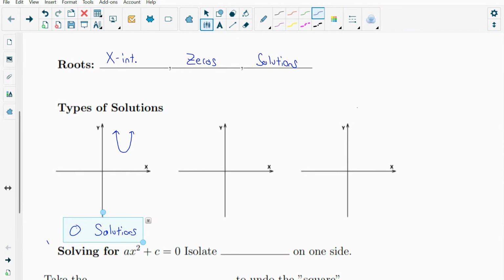In the case where maybe our parabola is facing downwards and it crosses the x-axis twice, or maybe it is facing upwards and crossing the x-axis twice, that is the situation where we will have 2 solutions.